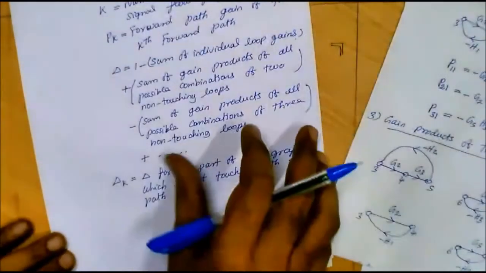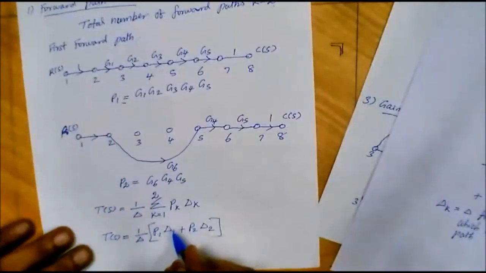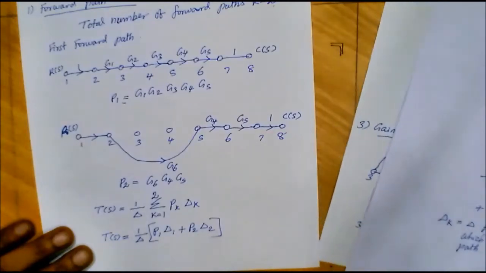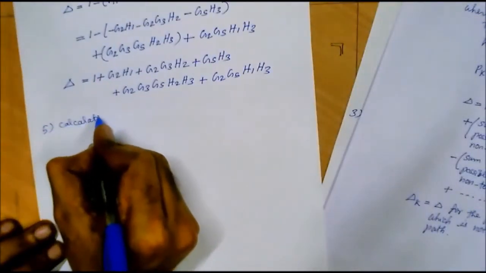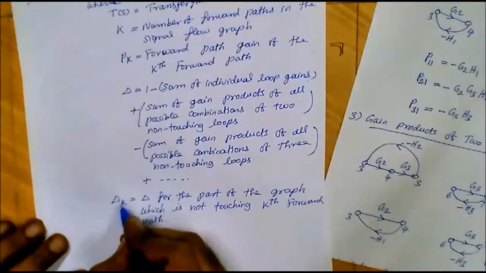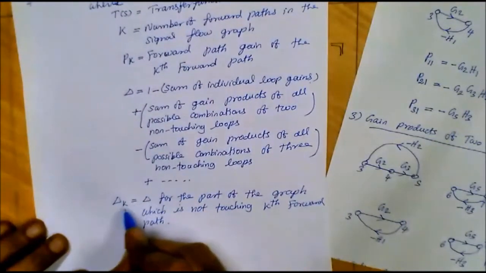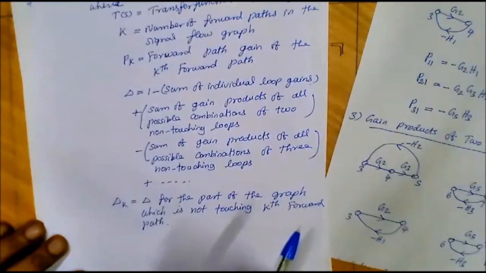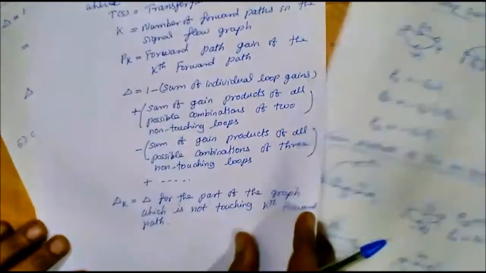So now our aim is to calculate the value of delta 1 and delta 2. We found the value of P1, P2. So now we need to find the value of delta 1 and delta 2. As per the definition, delta 1 means we have to exclude the first forward path from the signal flow graph, and then we have to find the value of delta.